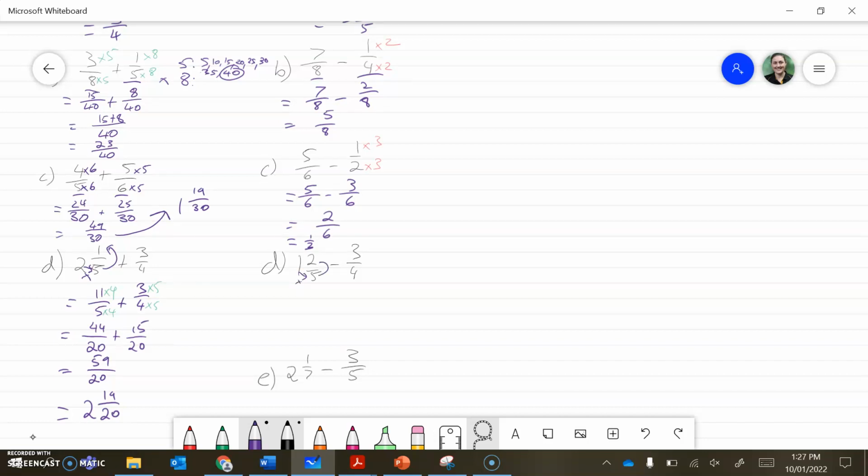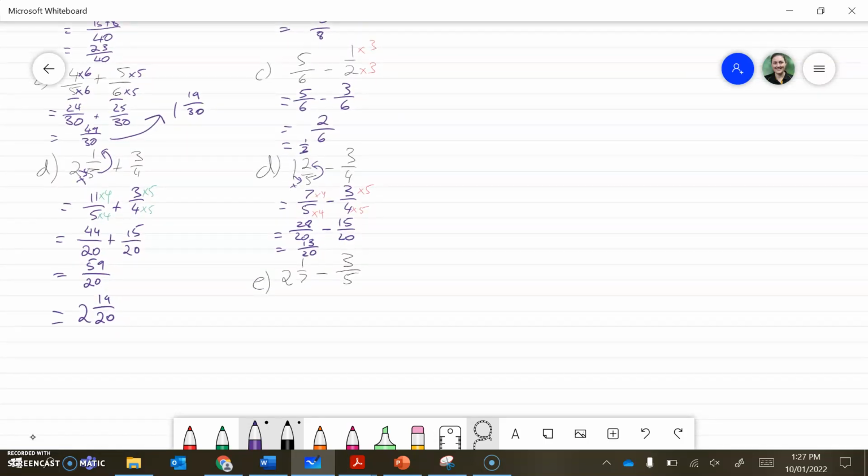So 1 times 5 is 5, plus 2 is 7. So we've got 7/5 minus 3/4. Common denominator of 5 and 4 is 20. So to get from 5 to 20, I times by 4. 4 to 20, I times by 5. And we do the same to our numerator. I'm then going to have 28 over 20 minus 15 over 20. Now 28 minus 15 is 13, so we have 13/20 as our solution.